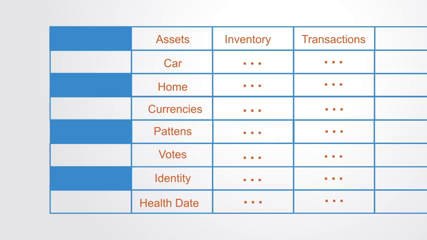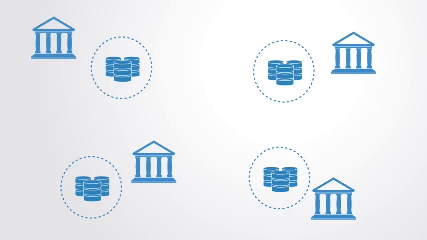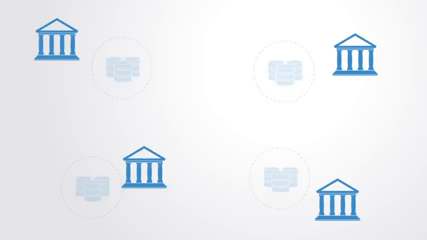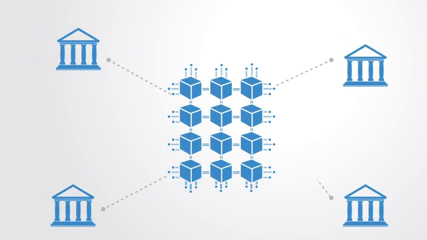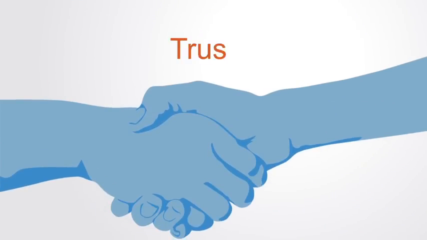This distributed ledger technology enables us to replace a multiplicity of private databases within each organization with one shared database that is trusted and accessible by all parties involved. In this respect, the blockchain enables trust between parties that may otherwise not trust each other.